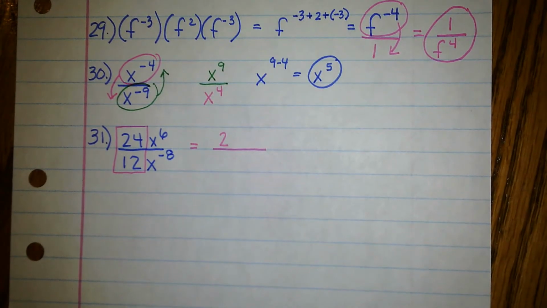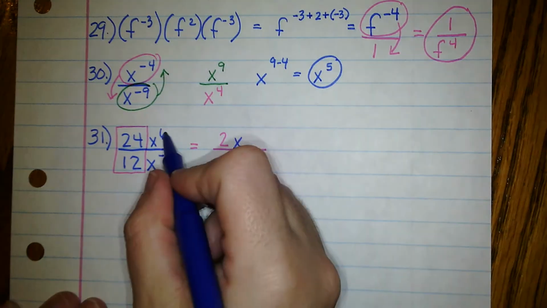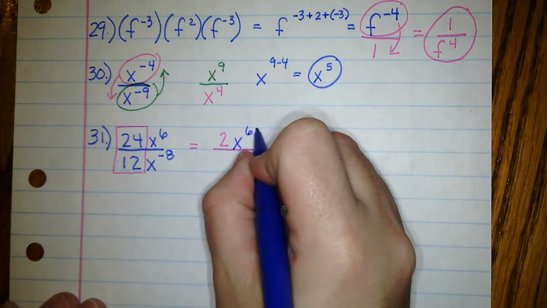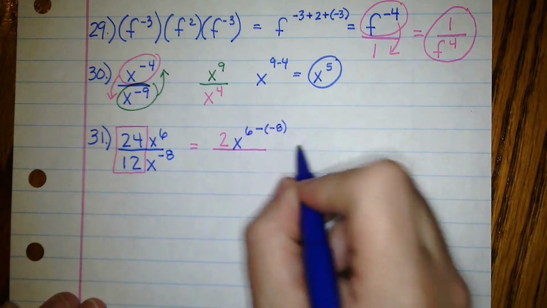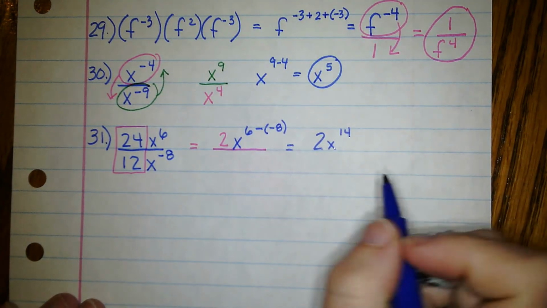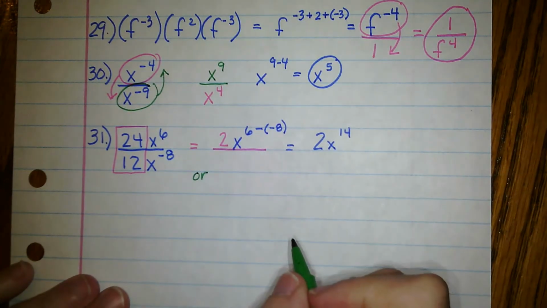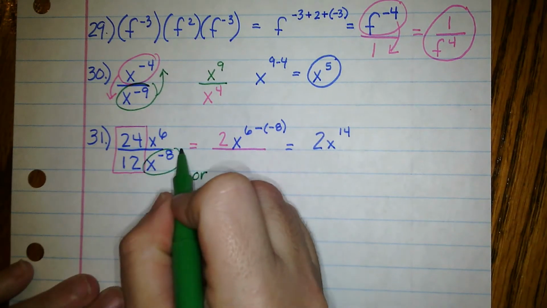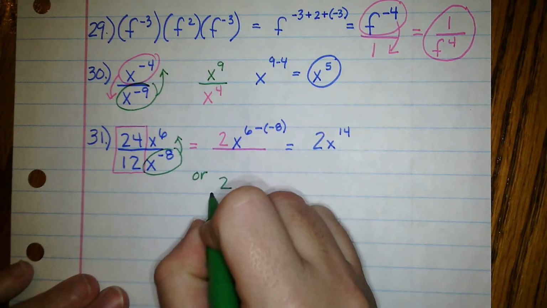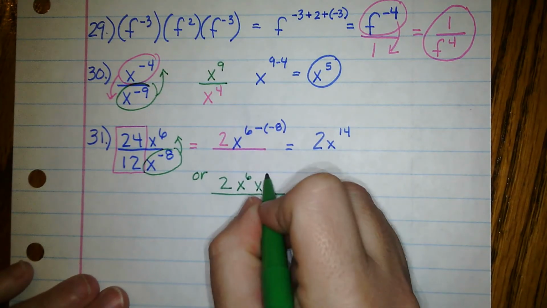Then, again, we've got two options. You can either keep the same base and subtract your exponents, which would be 6 minus negative 8. And that would give us 2x to the 14th. Or, just like the other one, you can bring your x to the negative 8 upstairs with your 2 and your x to the 6th.